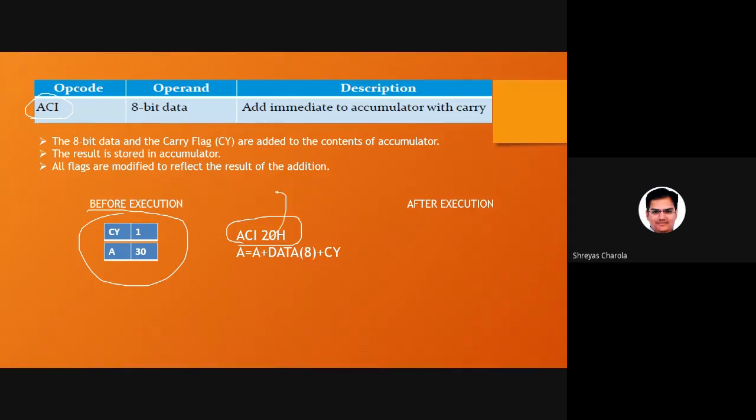Okay, 30 plus 20 plus 1, that will be 51 in the accumulator. After the addition, remember the carry flag always resets to 0. Once you do the addition, the carry flag will always be 0.